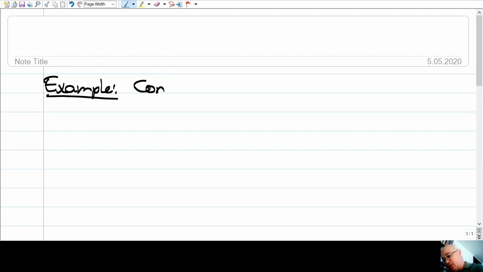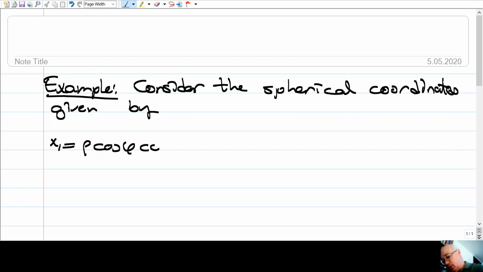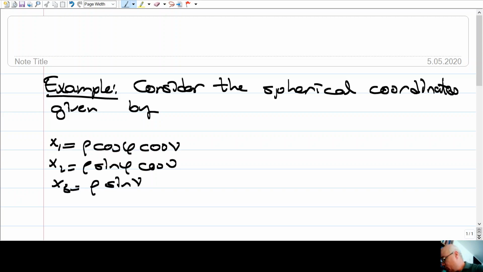So consider the spherical coordinates given by, as usual, x1 is rho times cosine phi cosine nu, x2 is similarly sine phi cosine nu, and x3 is rho times sine nu.